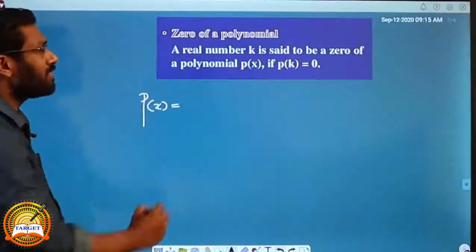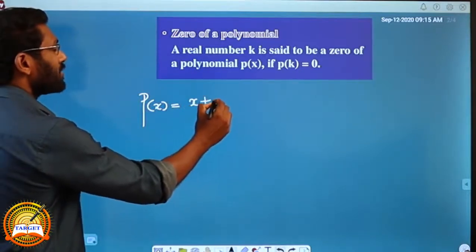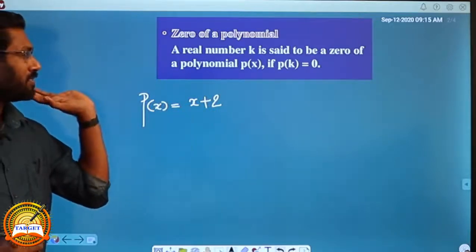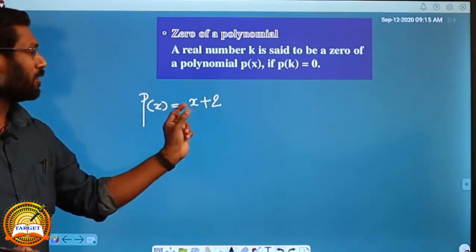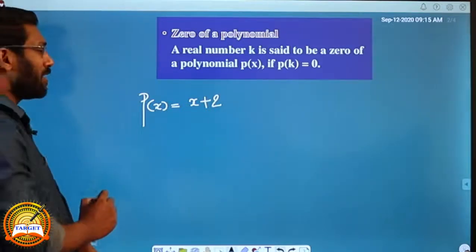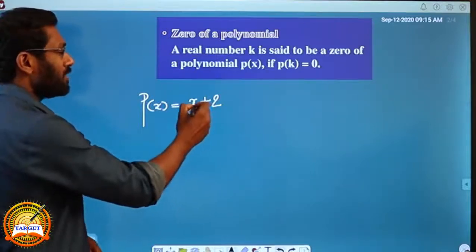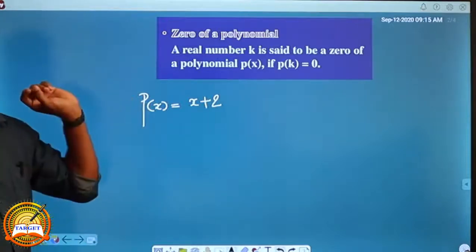So listen here. P of x is equal to x plus 2. This is a polynomial p of x which is equal to x plus 2, and we know how to find the value of this polynomial. So that means for different values of x, we can give many values for x. So we will be getting the values according as the value of the variable.